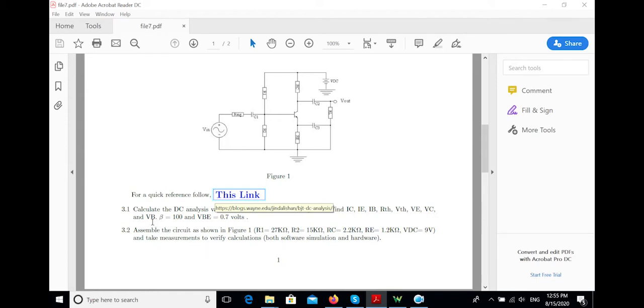These are the main things that you need to measure. You will not be able to measure IB, because we are not in lab and we don't have access to a multimeter. But you can measure IC and IE by dividing VC and VE over RC and RE. For example, IC is VC over RC, and IE is VE over RE.